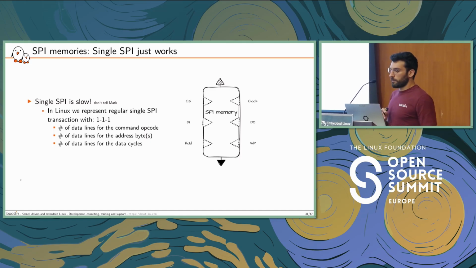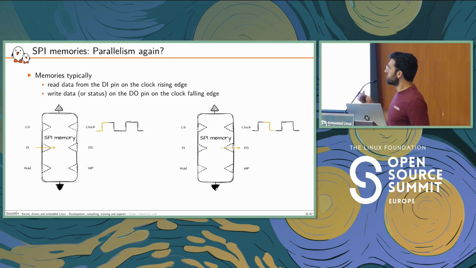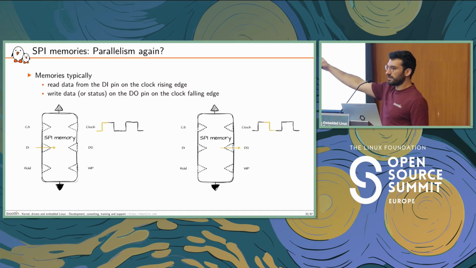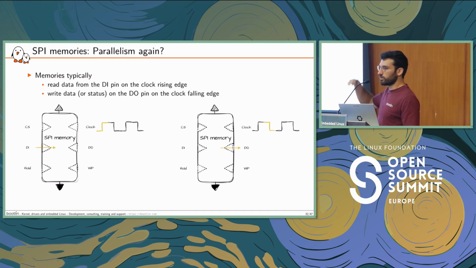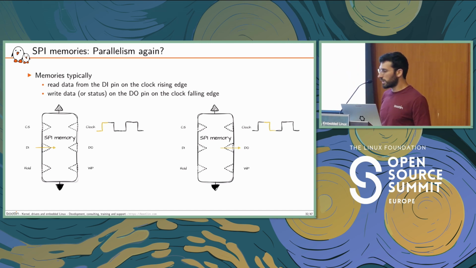On SPI memories now. Well, the SPI bus is slow. We have several pins, a data in and a data out pin, which are the two data pins. Data in is typically sampled on the rising edge of the clock. Data out is sampled on the falling edge of the clock, which is kind of suboptimal.